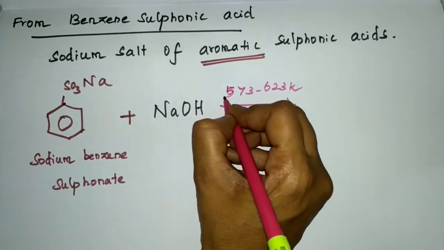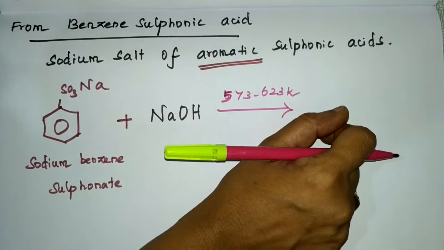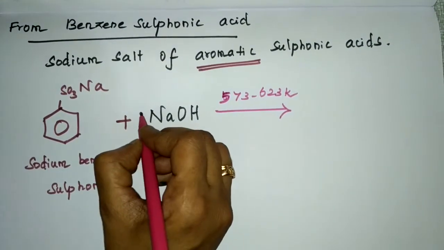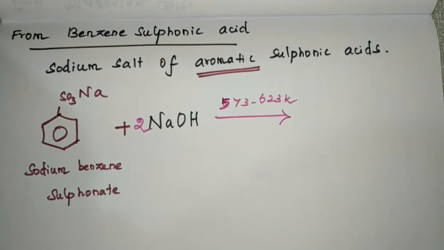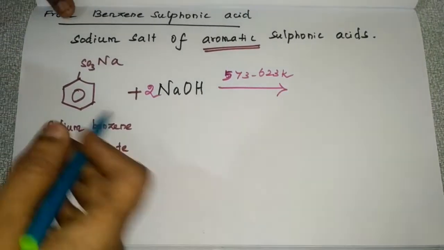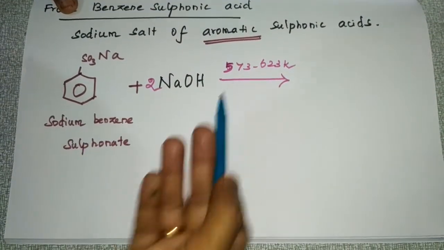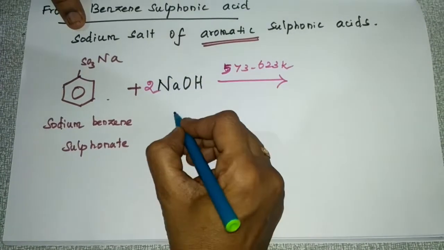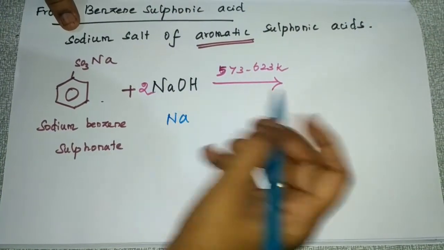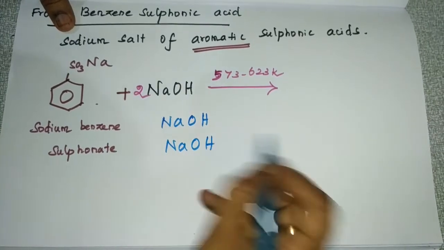Here you are going to take 2 molecules of NaOH. So you are taking sodium benzene sulfonate, that is the sodium salt of benzene sulfonic acid, and you are going to fuse it with sodium hydroxide. So 2 NaOH you are taking.